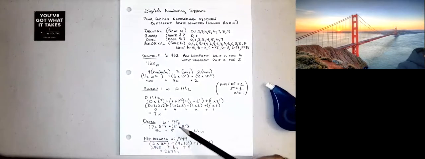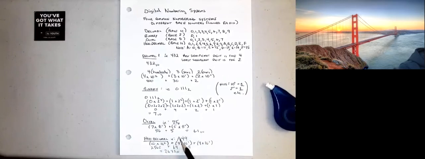All right. So we had 75, so this is 5 times 8 to the power of 0, which is a 5, and 7 times 8 to the power of 1, which is just an 8, 56 plus 5 gives us 61 in the decimal value.